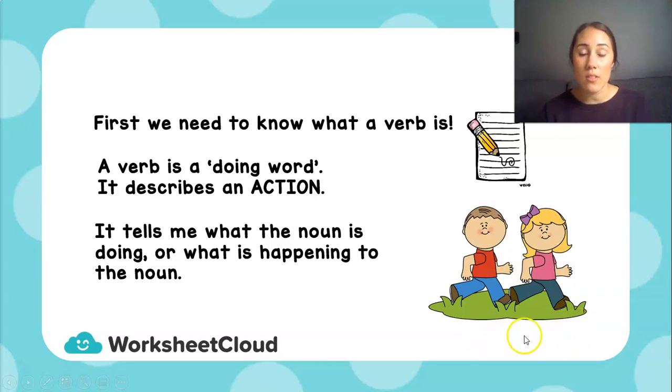They are nouns. You can say the boy is a noun, the girl is a noun, or children. So what are they doing? They are running. Or I can say the children run on the grass. So my verb is running or run.